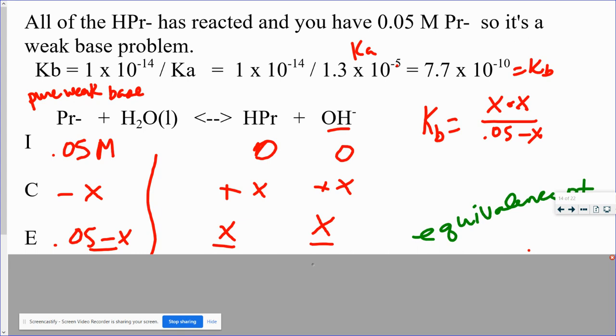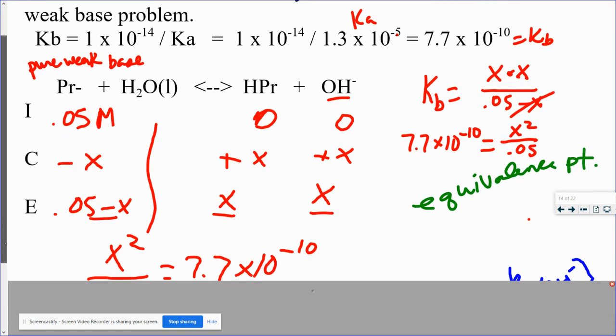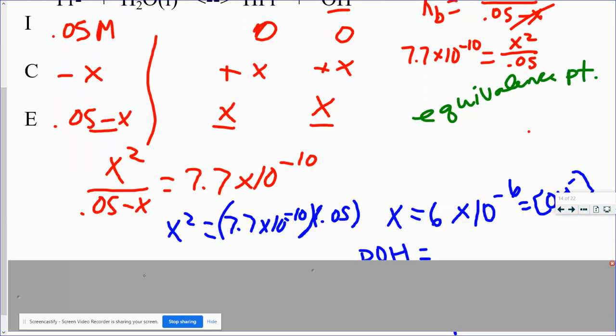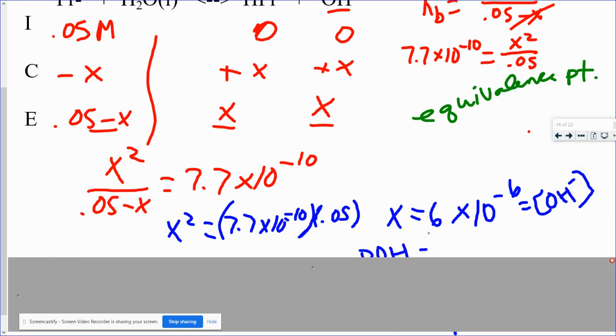So 7.7 times 10 to the minus 10th equals X squared, and this is where it's a really tiny number, so X is going to be really small, so we can just call that 0.05. We can ignore that minus X. Okay, and we solve for X here, and X comes out to be 6 times 10 to the negative 6. That is our OH minus concentration.